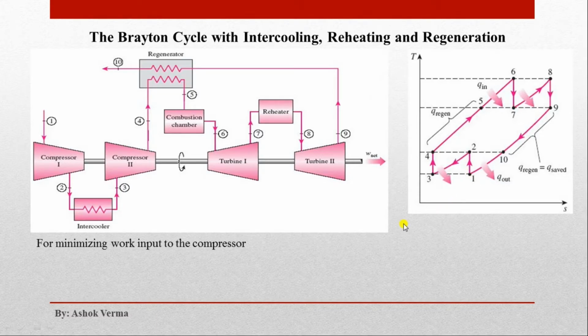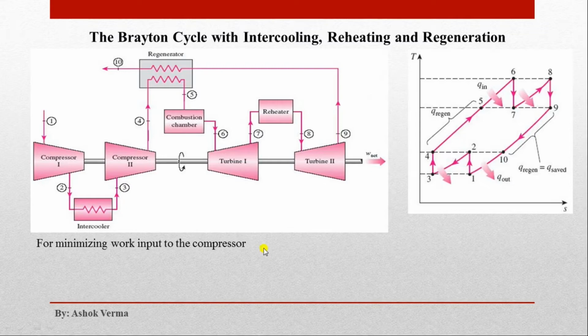So for minimizing the work input to the compressor, here we are using multi-stage compression with intercooling, and here we are using multi-stage expansion with reheating and heat rejection with regeneration.